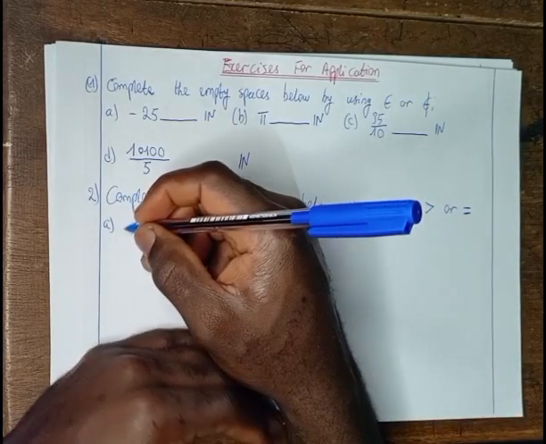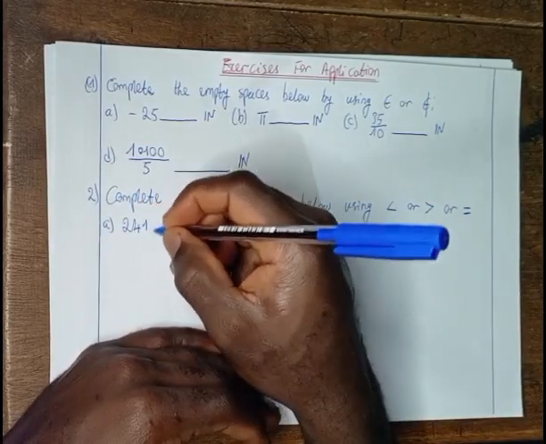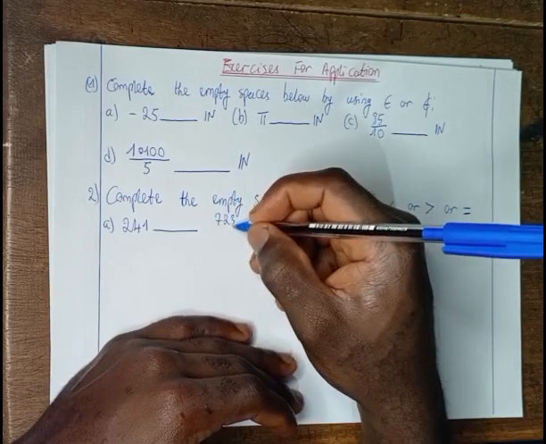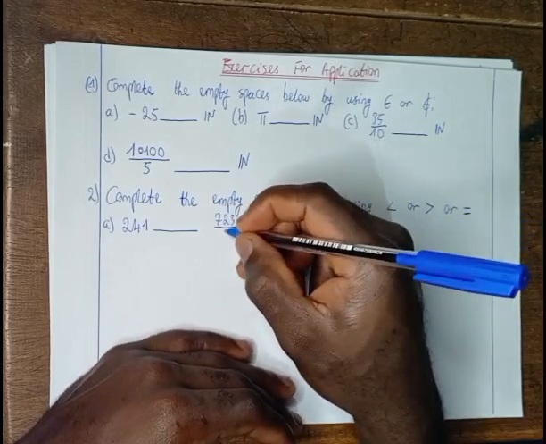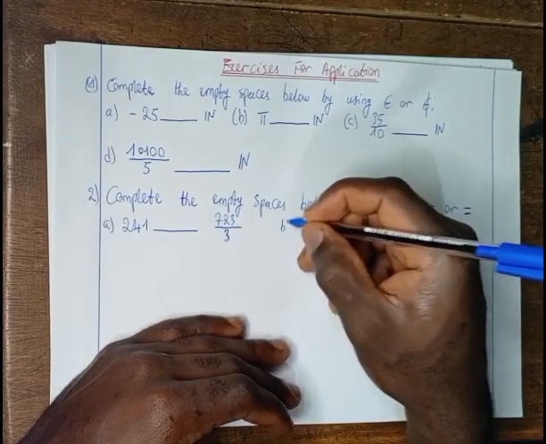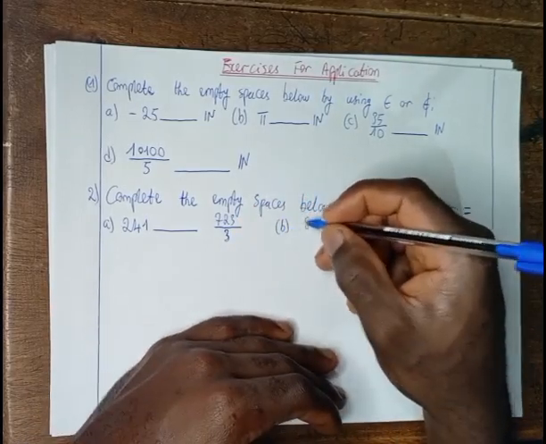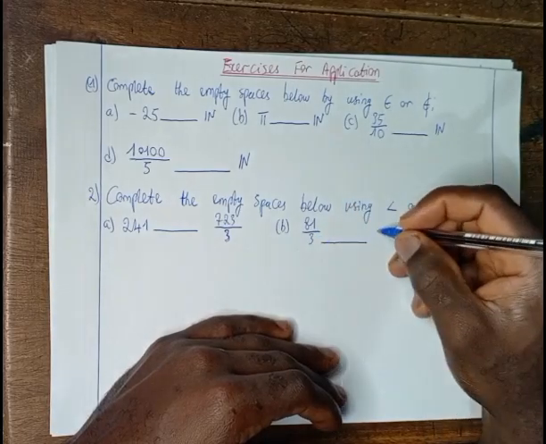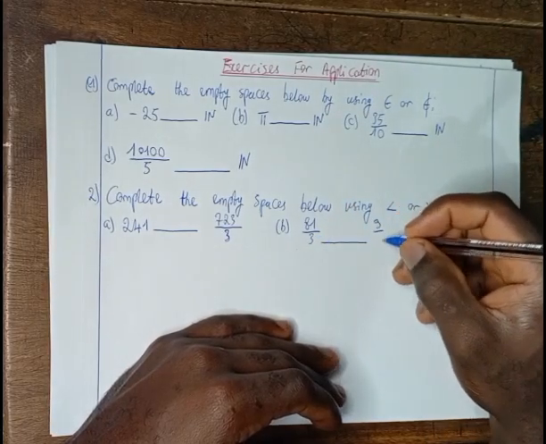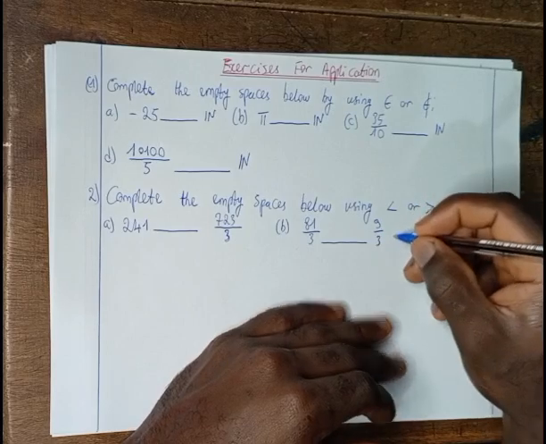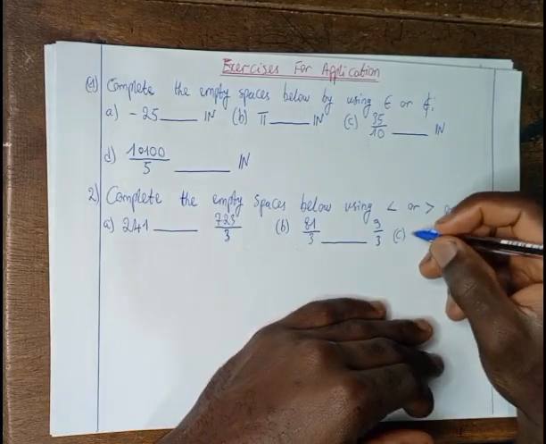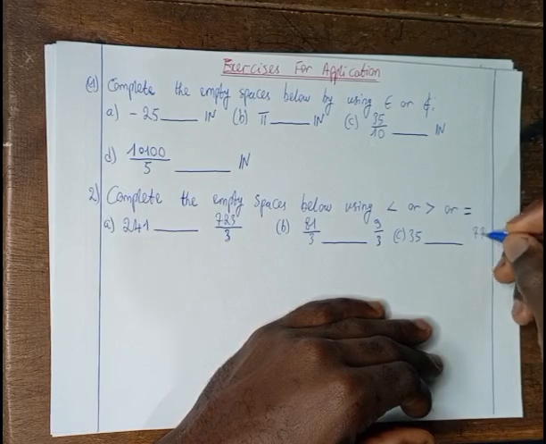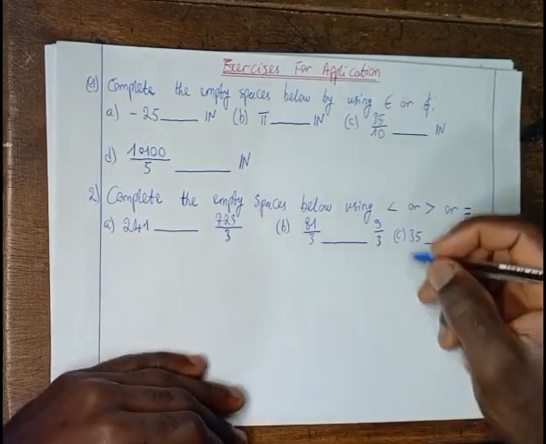Question A, we have the number 241, the empty space 723 all over 3. Question B, 81 all over 3, the empty space 9 all over 3. C, we have 35, the empty space 77 all over 7.